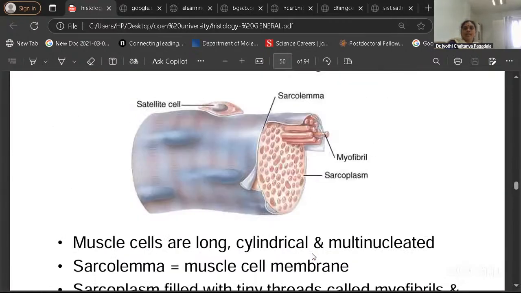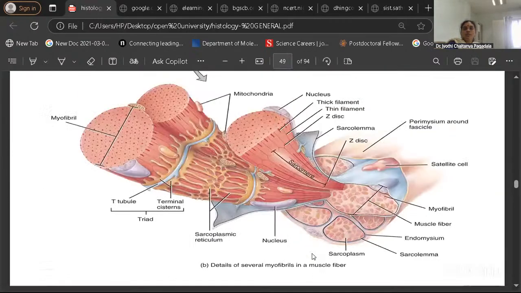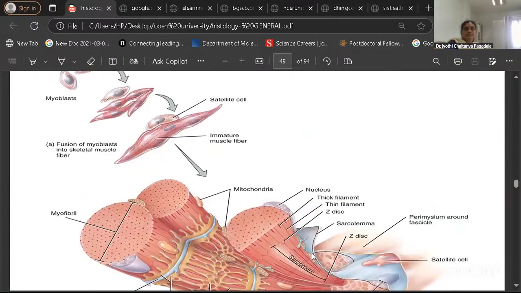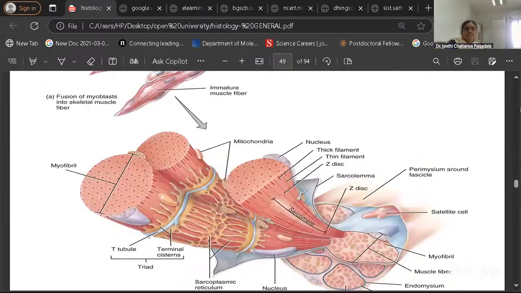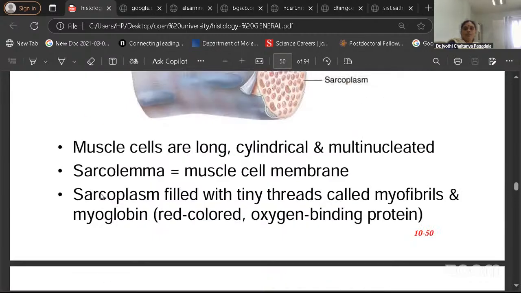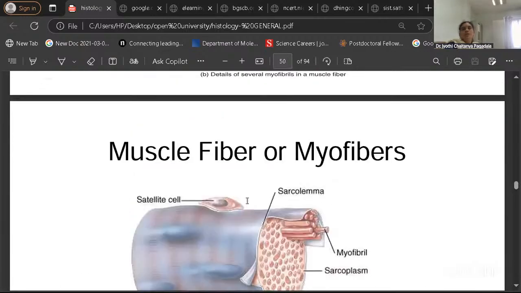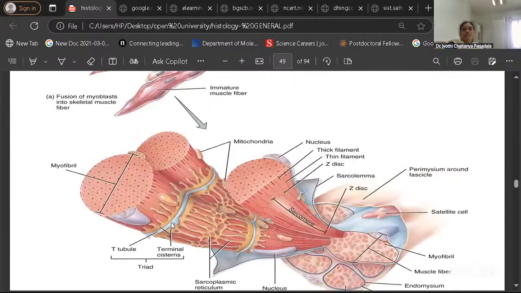Here you can see the presence of myofibrils. This is the myofibril. As we just discussed, myoglobin is red in color, an oxygen binding protein.